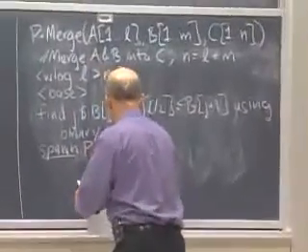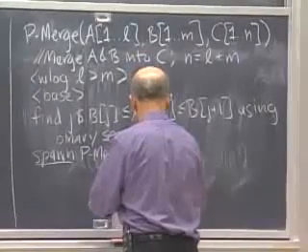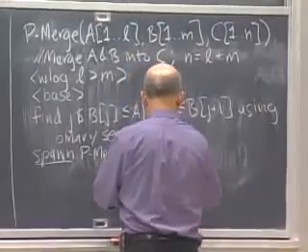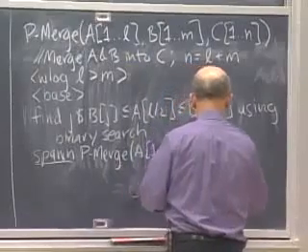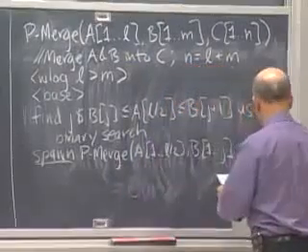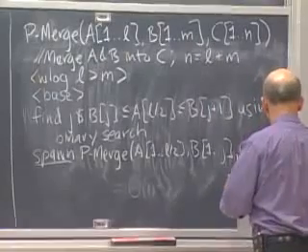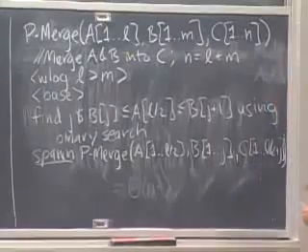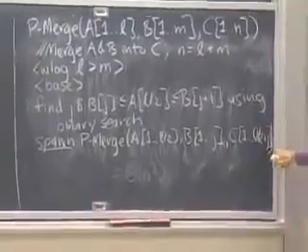And now what we do is we spawn off P merge of A of 1 to L over 2, B of 1 to J, and stick it into C of 1 to L over 2 plus J. Okay.